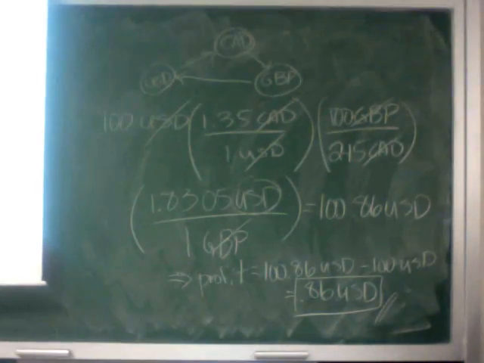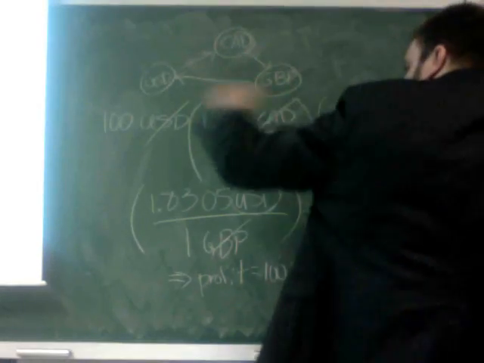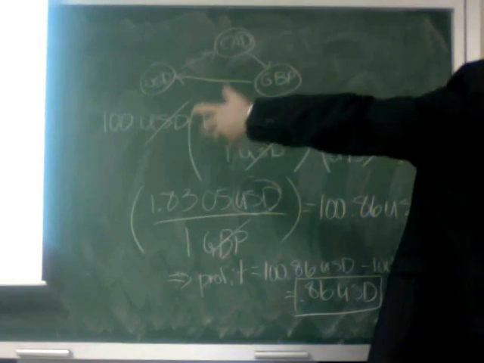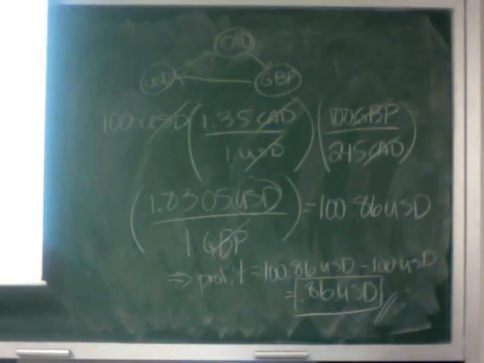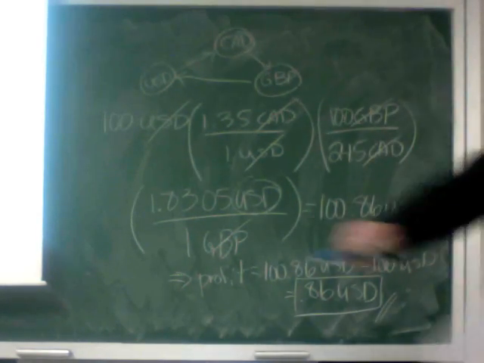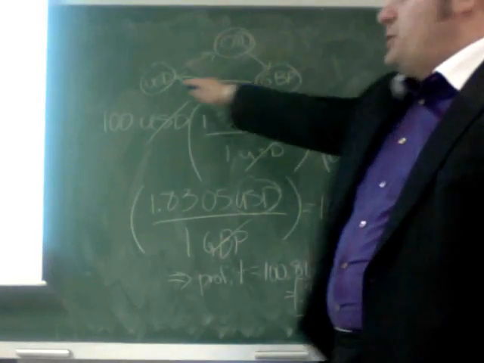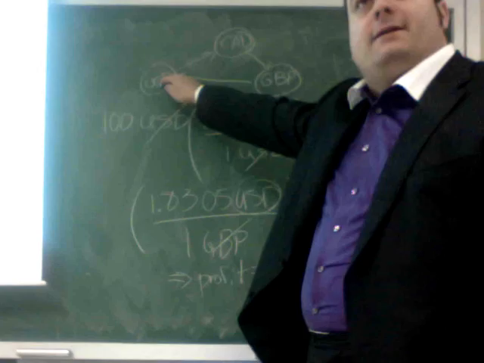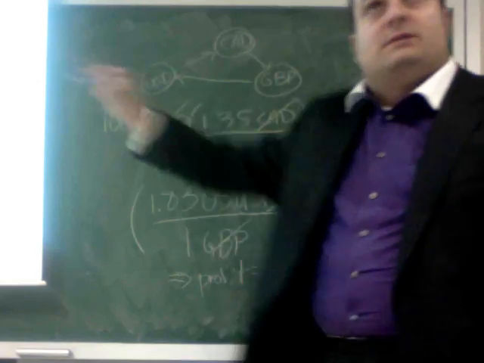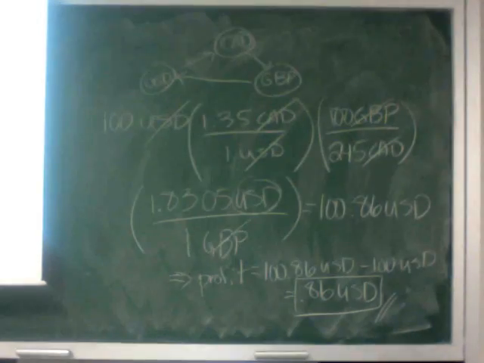And remember that if you did this way, and say you ended up with 99 US dollars, then what you would do is just do it the other way. Say if I do my triangle arbitrage clockwise and I end up with less money than I started with, then if I do it counterclockwise, I'll end up with more money than I started with.